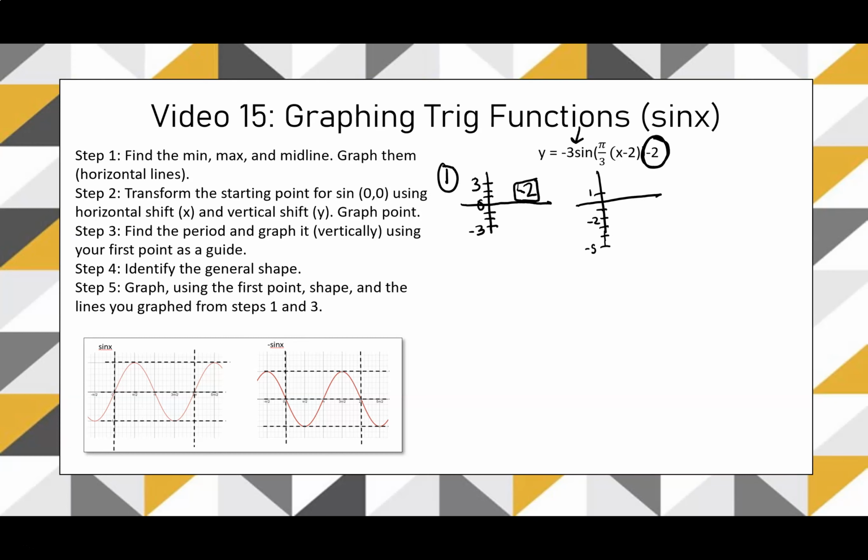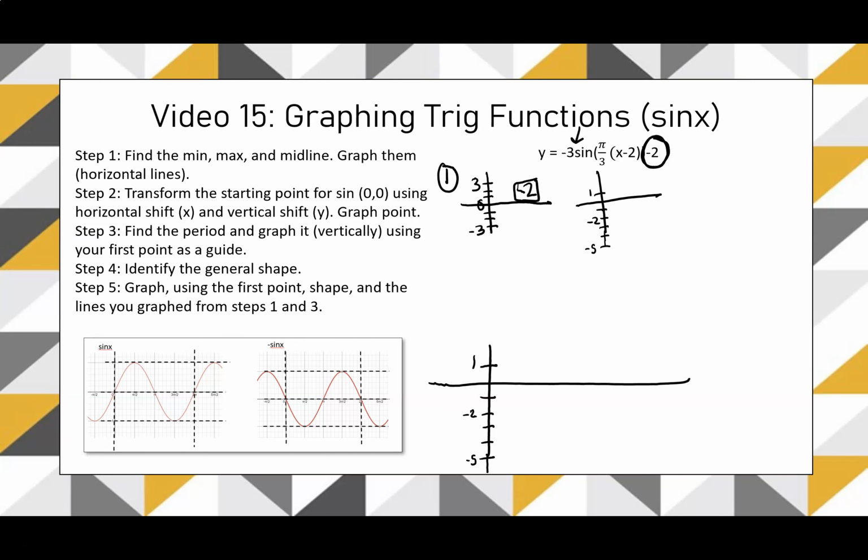So I'm going to go ahead and start to graph that down here. I'm going to make this a little bit higher actually. So something like that. So I'm going to have this be 1, 2, 3, 4, 5. Okay, -1, -2, -3, -4, -5. And we really just care about the -2 and what else?